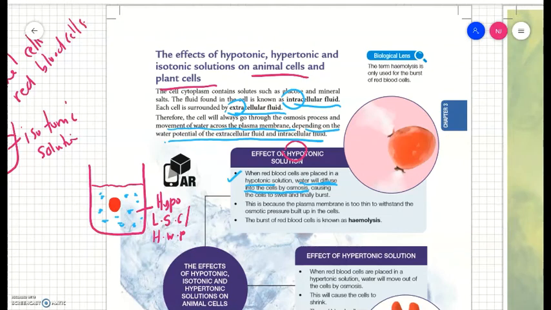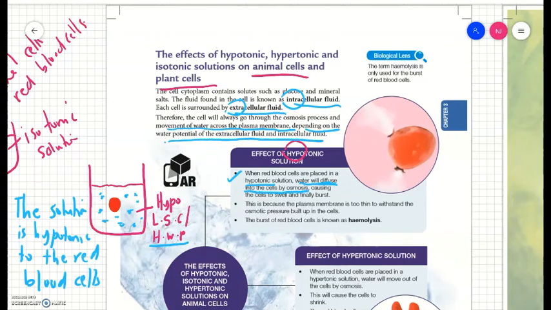Because we know that hypo means it has a high water potential. Kan cikgu sudah beritahu tadi, kalau we want to say this solution is hypo, we must make a comparison. So we need to say the solution is hypotonic to apa? Sekarang kita compare dengan apa? Red blood cell. Okay, jadi kamu boleh buat ayat, the solution.